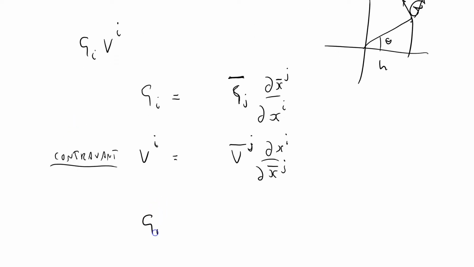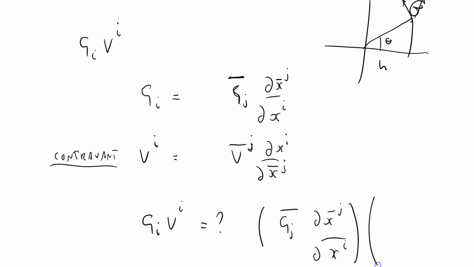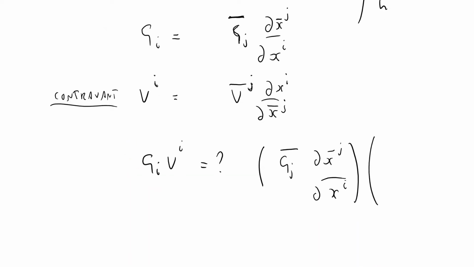So, I ask, what's gi vi equals what? Well, of course, I'm going to use these transformation laws. So here's gi is equal to g bar j, ∂x bar j by ∂x i. Now, I'm gradually going to wean myself off writing the actual sums. So there's an implied sum across j here, which I scribbled out from here.